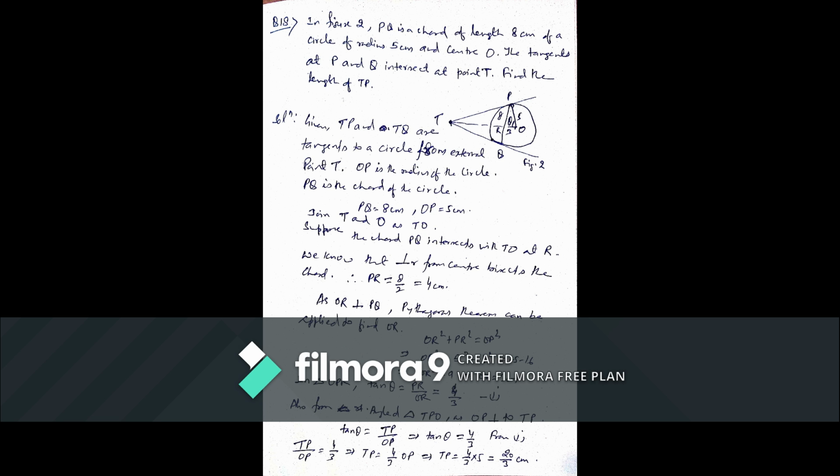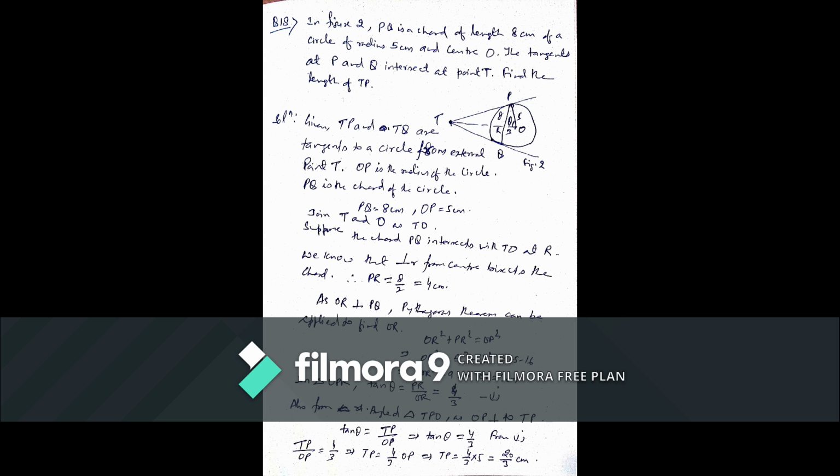Now by utilizing the Pythagoras theorem in triangle OPR, we will be able to find OR is equal to 3 centimeter. So in triangle OPR, by utilizing trigonometry, we can find tan theta, where angle POR is theta. So tan theta is equal to PR by OR is equal to 4 by 3.